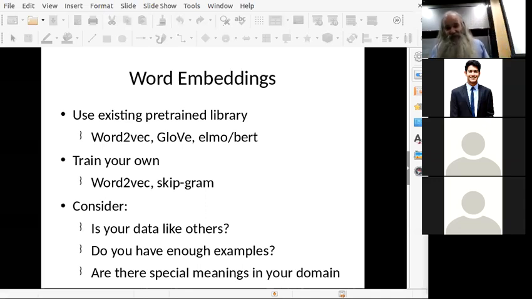Because if it is, then pre-trained word embeddings are really good things to include in whatever downstream machine learning you're doing, be that naive Bayes, CART, a noisy channel, or any form of the neural forms. Any of those are perfectly reasonable. If your data is like others, pre-trained models are going to help.